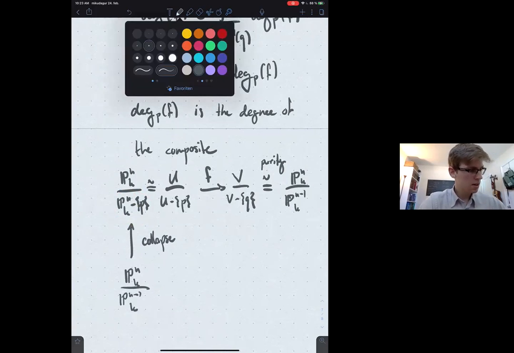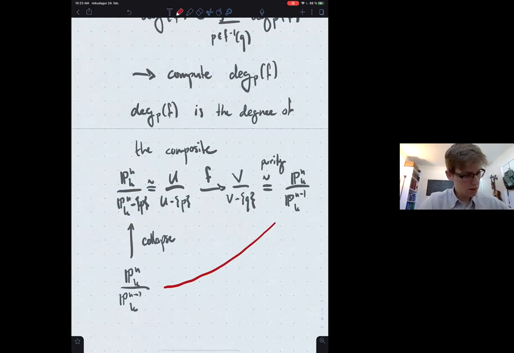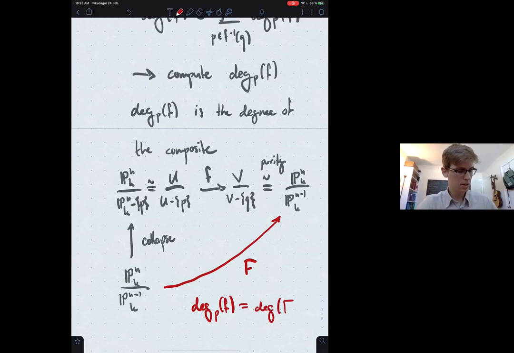Okay. And then this total composite, if I call it F, then the local degree of little f is just the global degree of this composite. Okay, so this at least gives us a framework in which we can say what a local degree is.